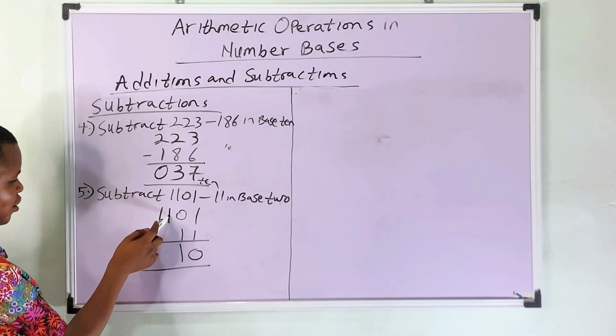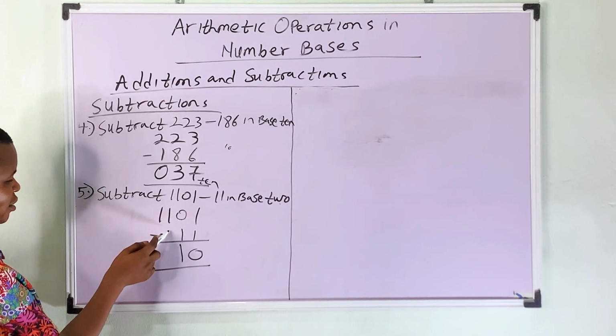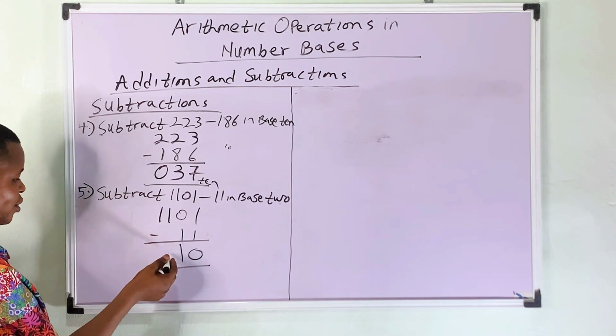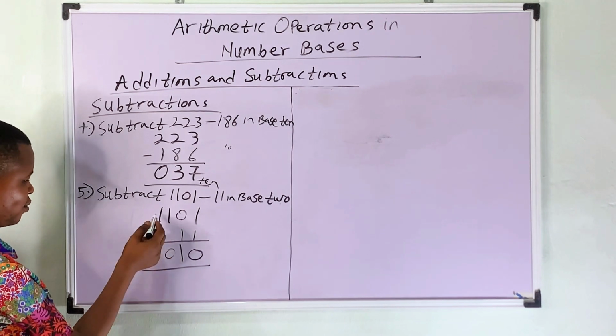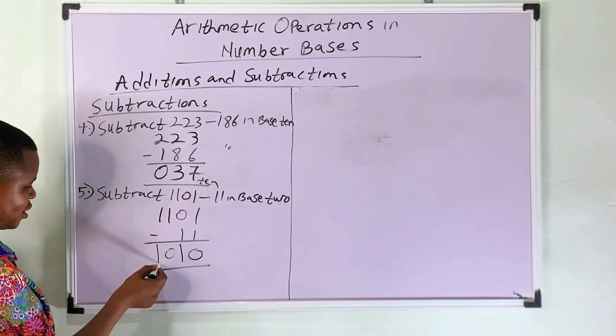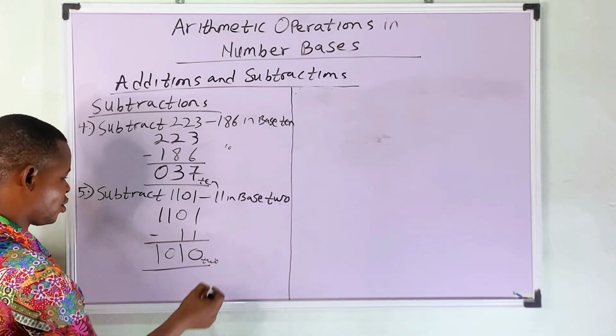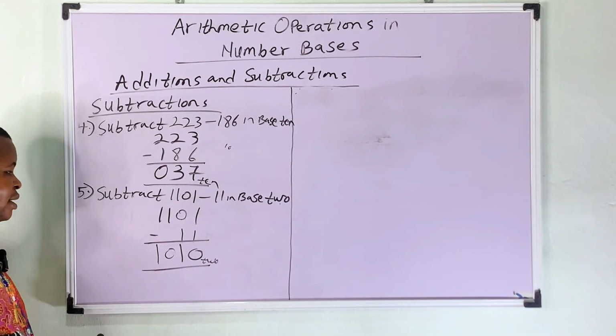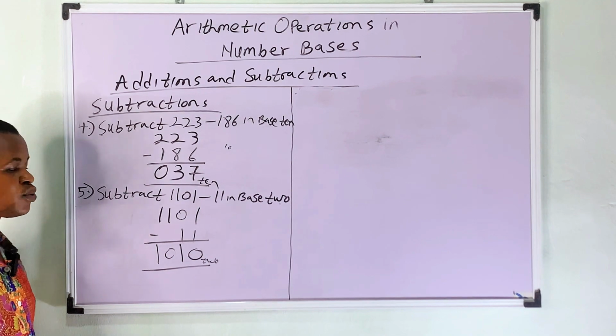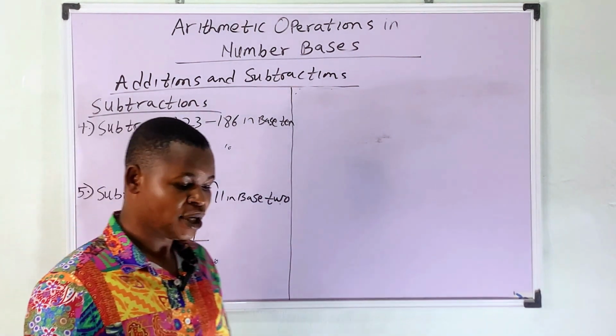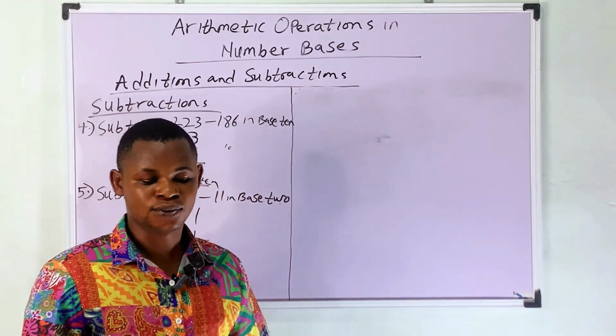Then we are left with 0 here. 0 minus 0 will give us 0. 1 minus 0, that's 1 in base 2. That means 1101 minus 11 in base 2 will give us 1010 in base 2.